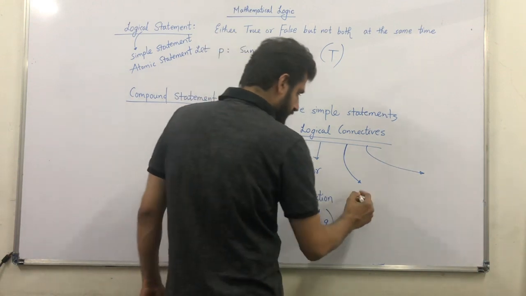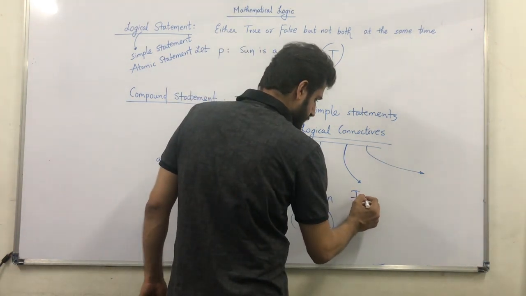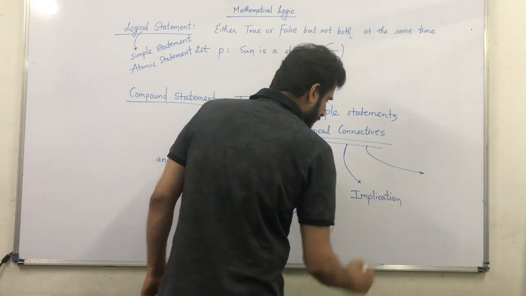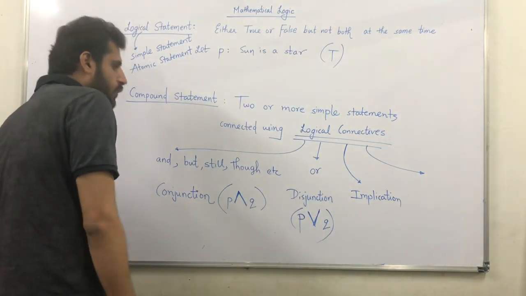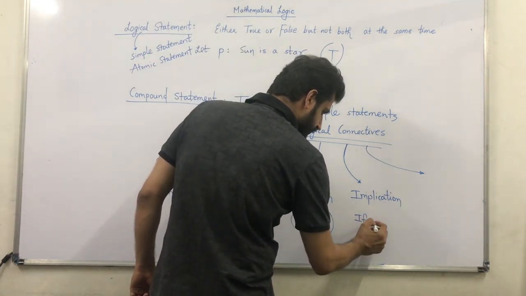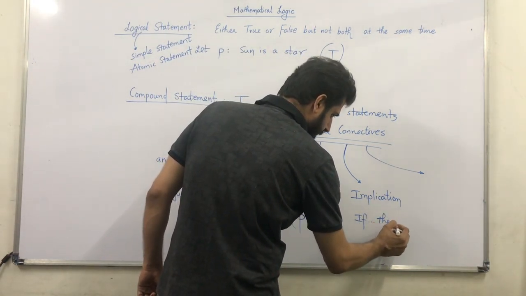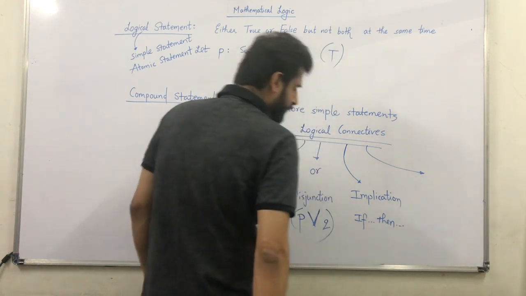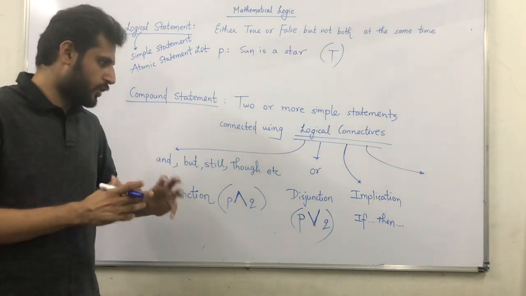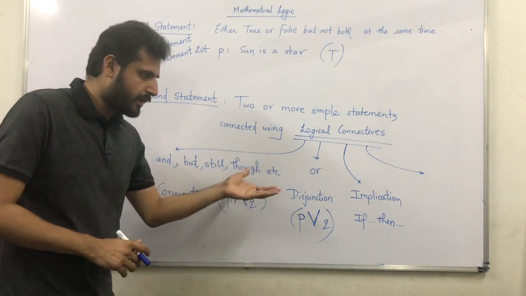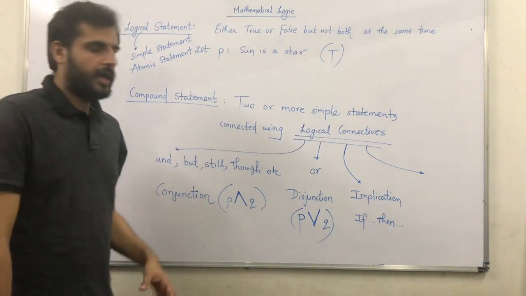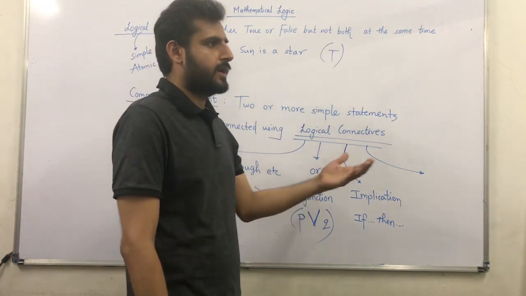Then I have something called implication. For this category, we are going to use if, then. I'll give you an example later of how we use if then. It's like if x is real, then x square is positive.